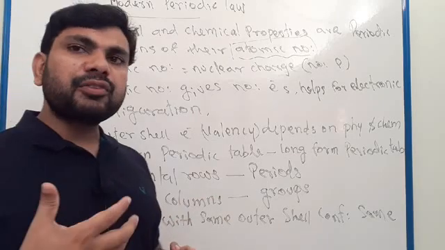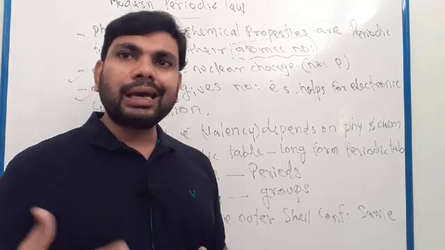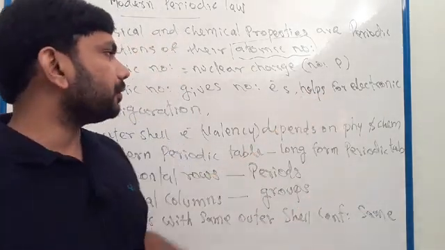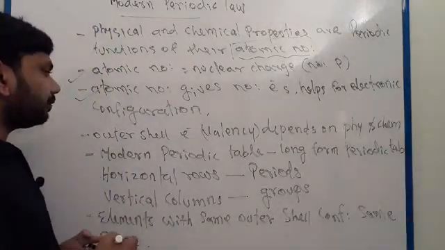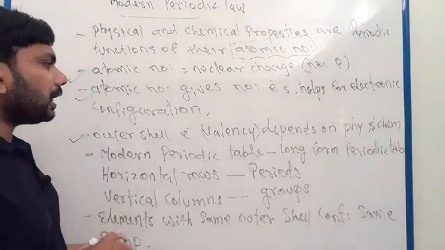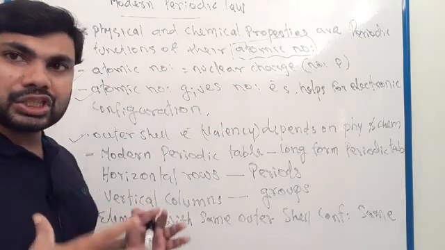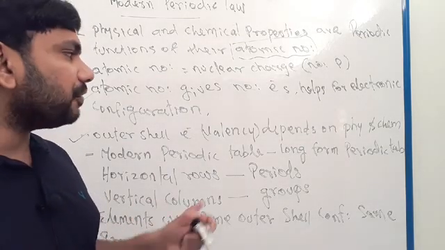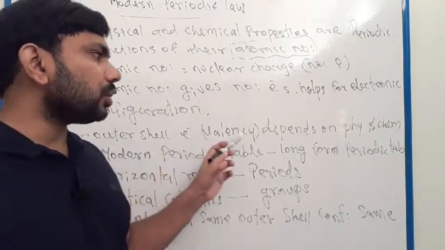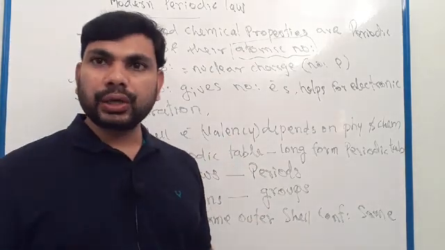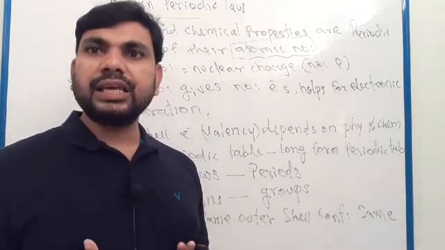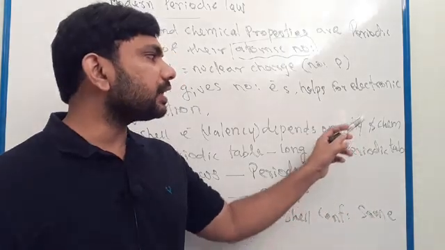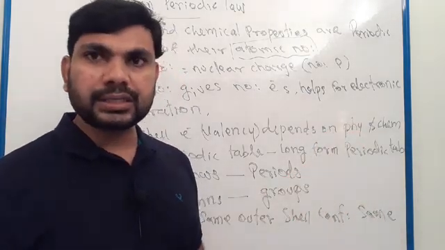Using the number of electrons we can write the subshell electronic configuration. The outer shell electrons depend on valency. So using valency we can predict physical and chemical properties of elements. Clear.